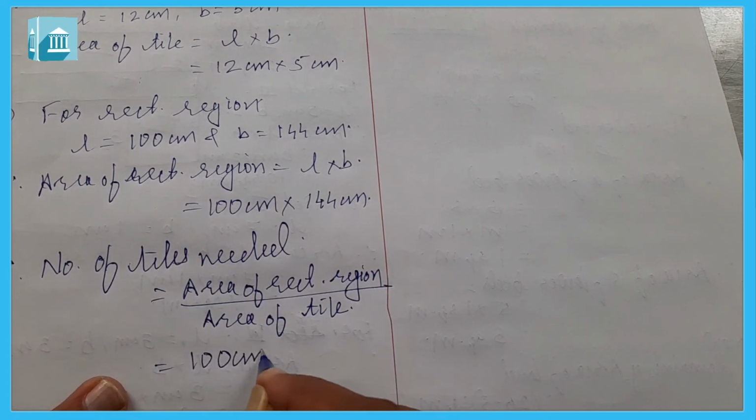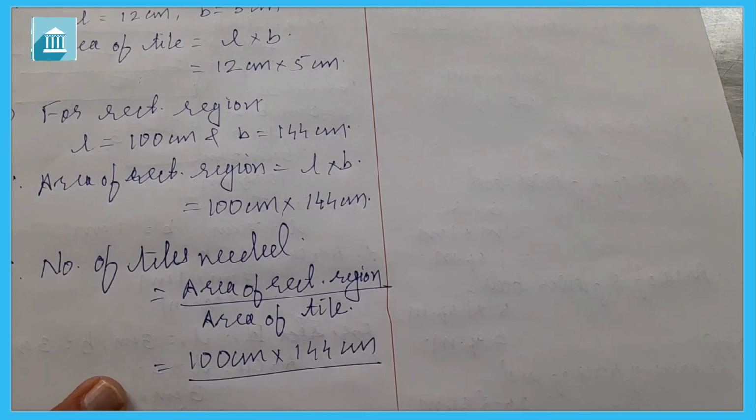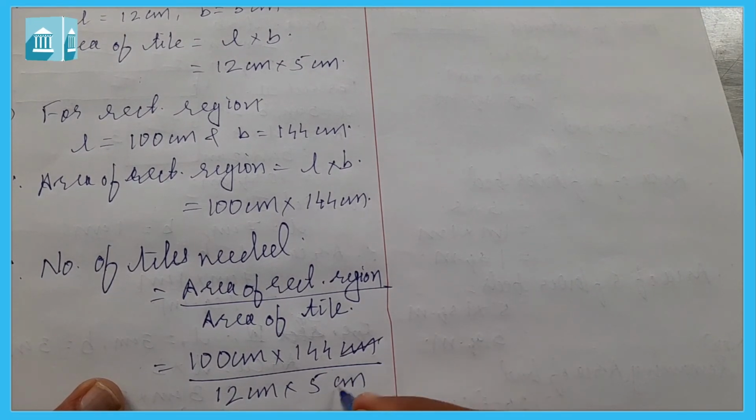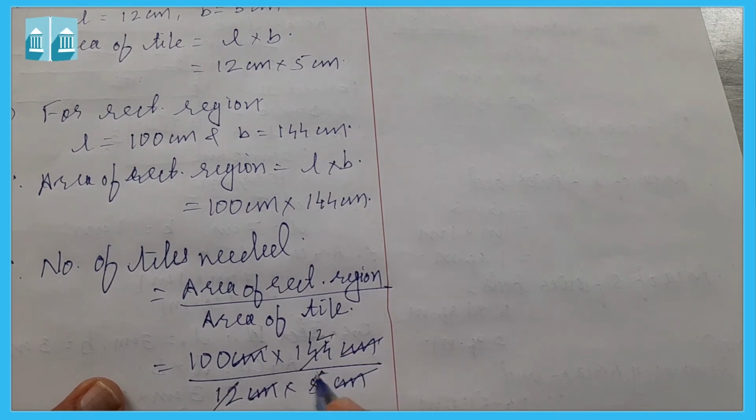This is 100 centimeter into 144 centimeter upon 12 centimeter into 5 centimeter. Centimeter cancels with centimeter. 12 fives are 60, so 100 upon 5 is 20.